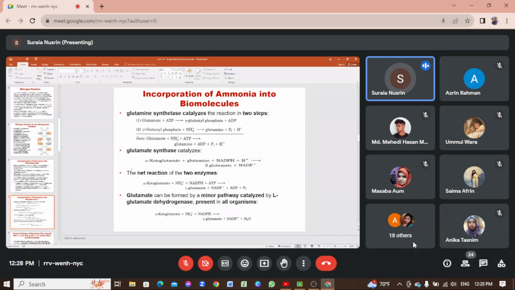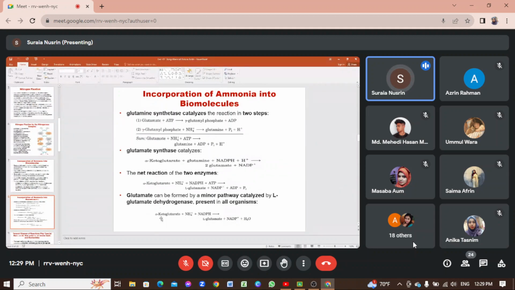Okay, next reaction. Now if we add these two reactions, though they are catalyzed by two different enzymes, the net reaction will be alpha ketoglutarate, ammonia, NADPH, ATP, and we get glutamate. There is another pathway, which is also actually a minor pathway, catalyzed by L-glutamate dehydrogenase, and that occurs in all the organisms.